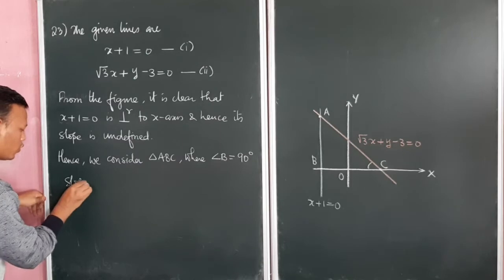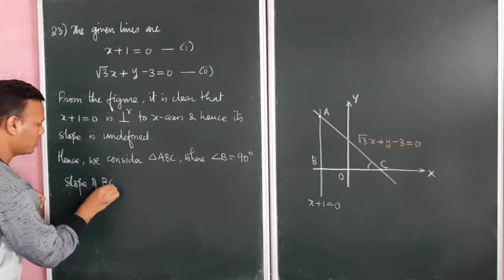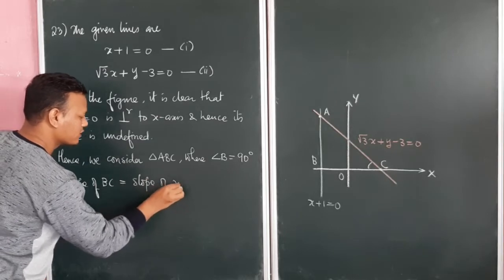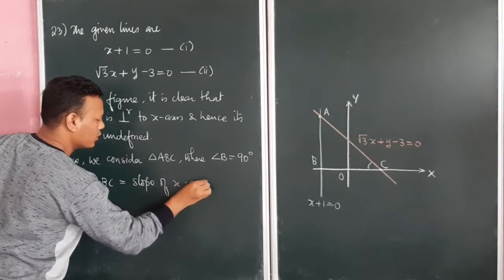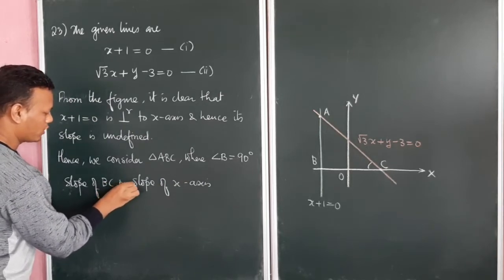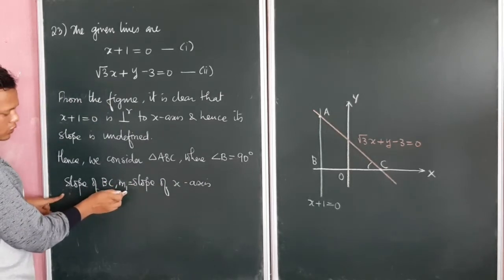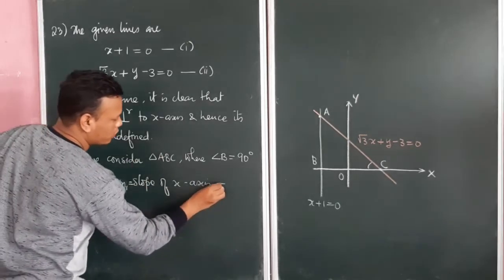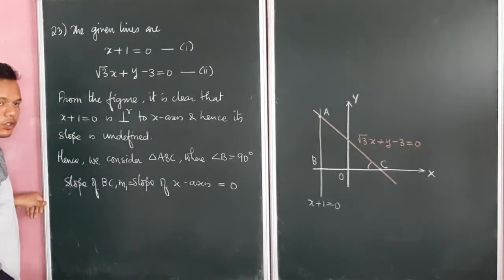Slope of BC is actually slope of x axis, isn't it? Let me call this M1. So slope of BC, I am calling it M1, which is equal to slope of x axis, and we know that slope of x axis is always equal to 0.